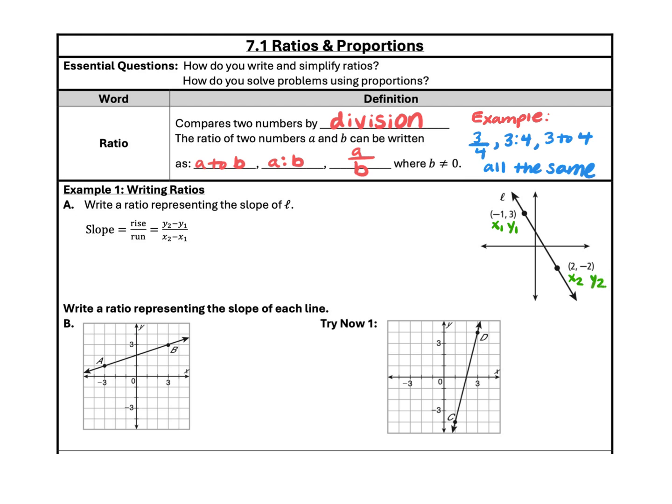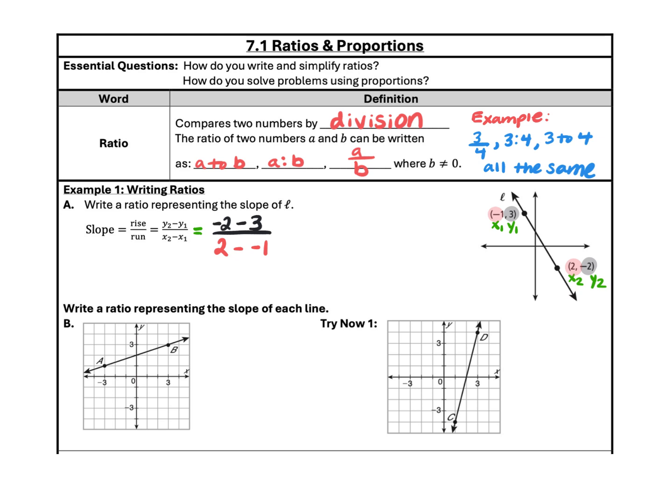Calculating with the slope formula, now I can just take my numbers. So y2 minus y1 would be negative 2 minus 3, and then that's all over x2 minus x1, and that is going to be 2 minus negative 1.